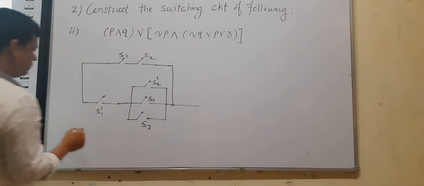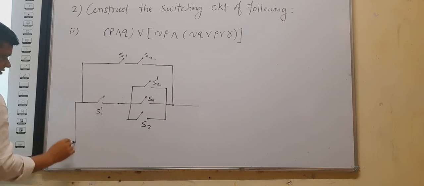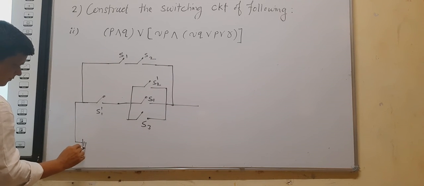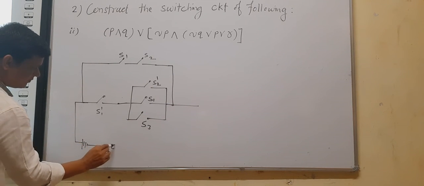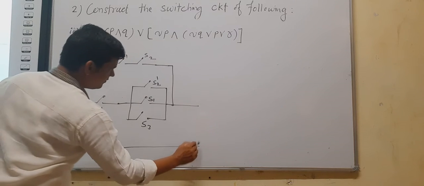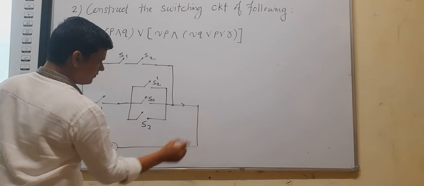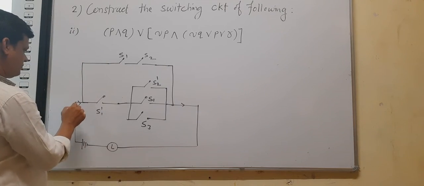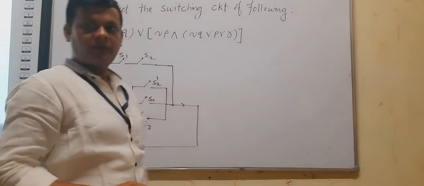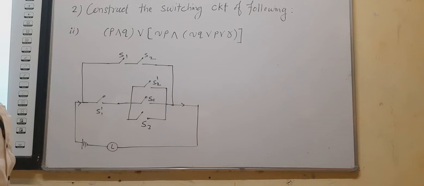Now we have to connect the battery here. This is the circuit diagram for the given switching circuit, which is given in symbolic form.